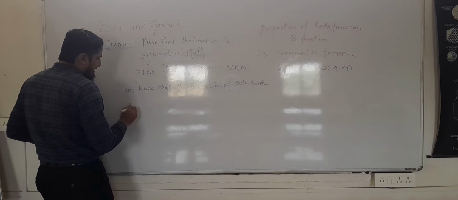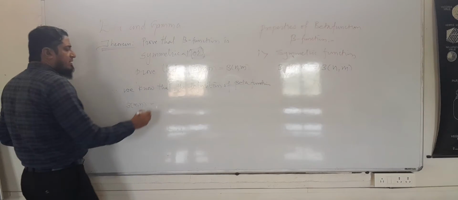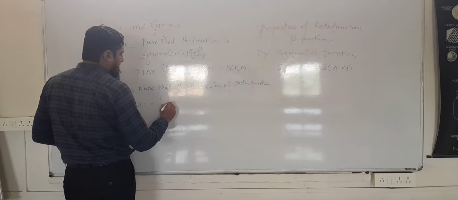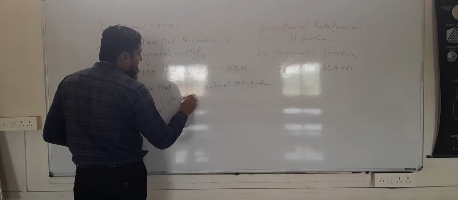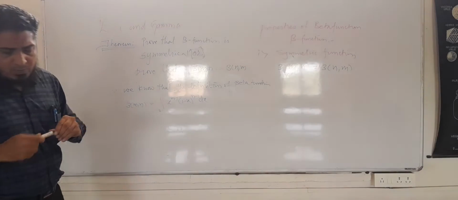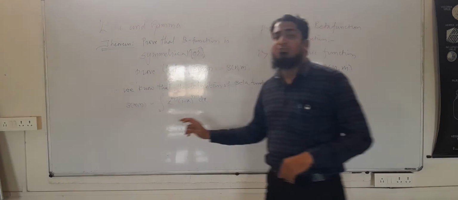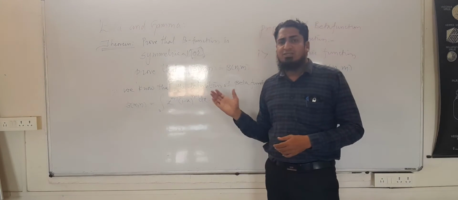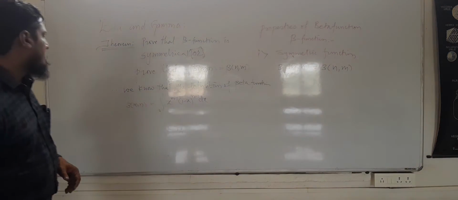Beta m n is equal to integration from 0 to 1 x raised to m minus 1 into 1 minus x raised to n minus 1 dx. Now we are going to prove beta m n is equal to beta n m, or simply we can say that beta function is symmetrical.